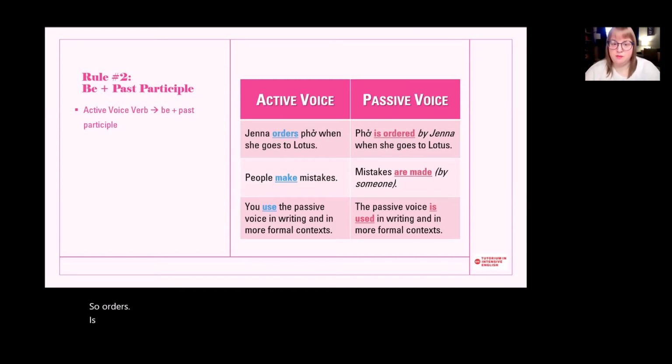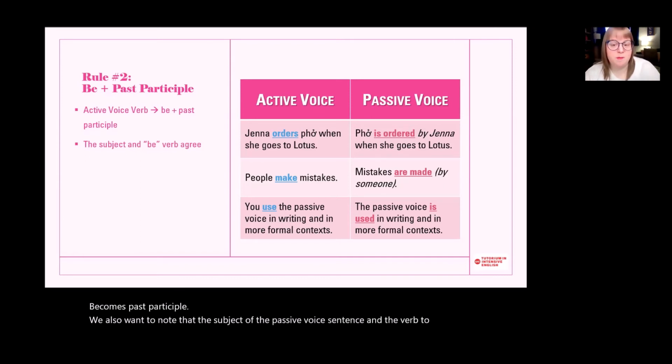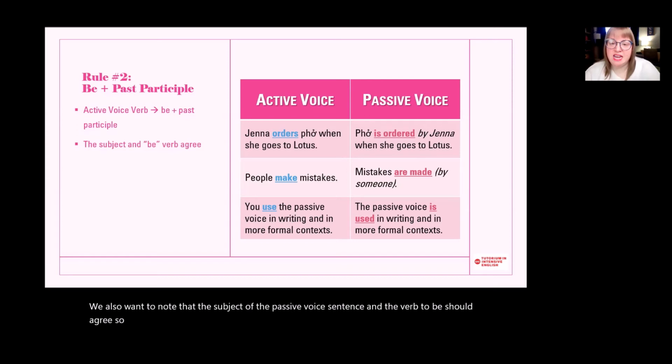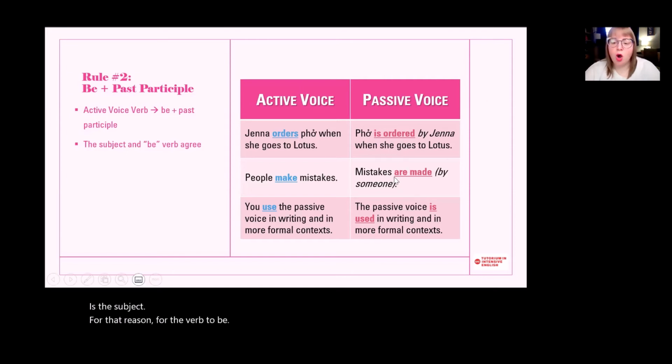We add that verb to be, and the second verb becomes past participle. We also want to note that the subject of the passive voice sentence and the verb to be should agree. So for example, mistakes in the second passive voice sentence is the subject. For that reason, for the verb to be, we use are. Mistakes are made.